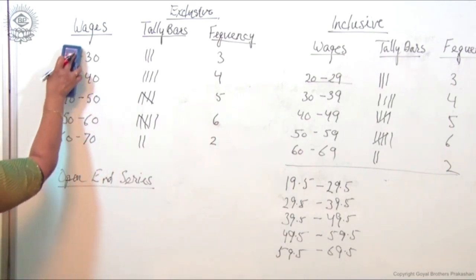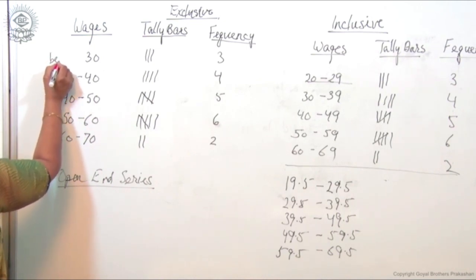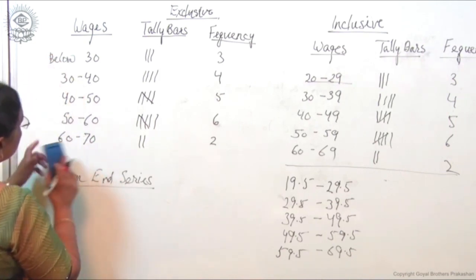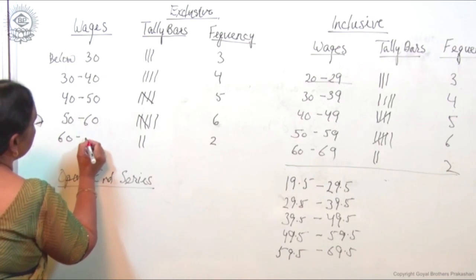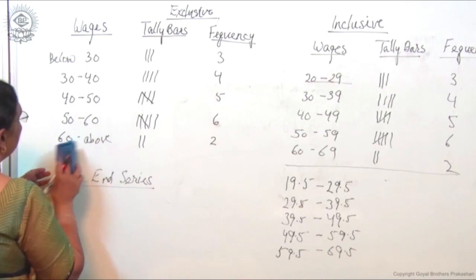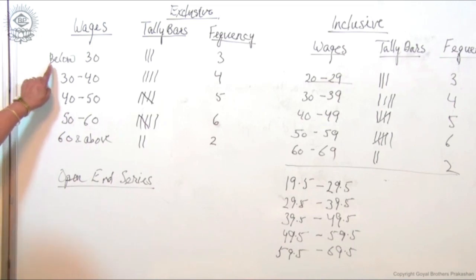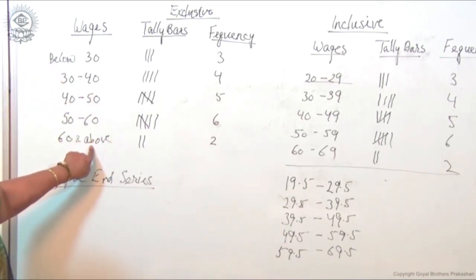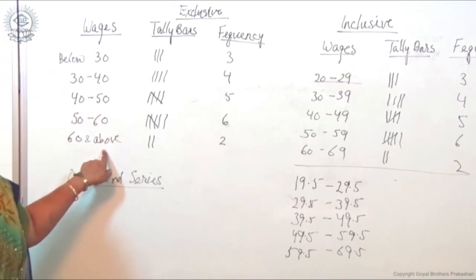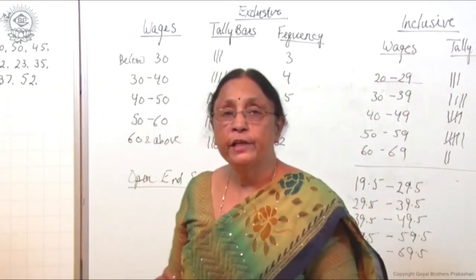Now here in this case it can be like this, below 30, and this is not giving the upper limit, it is 60 and above, right. So if both the ends are open, that means no lower limit is given here and no upper limit is given here. This is known as open end class.